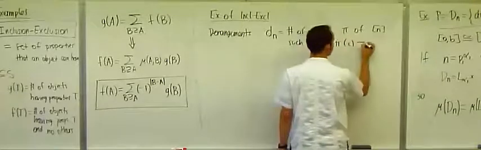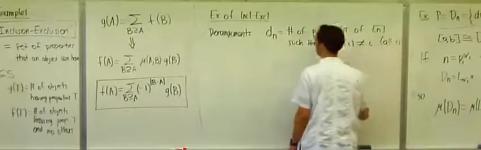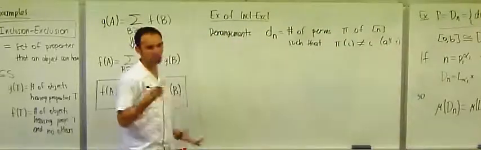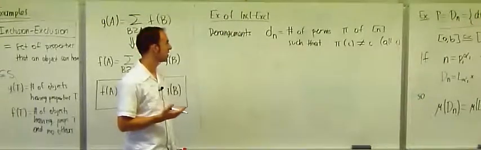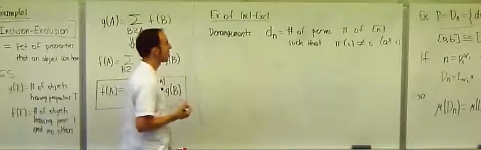Pi of i is never equal to i. So the probability in the drunken man situation is basically the derangements over n factorial. Okay. So let's compute this.